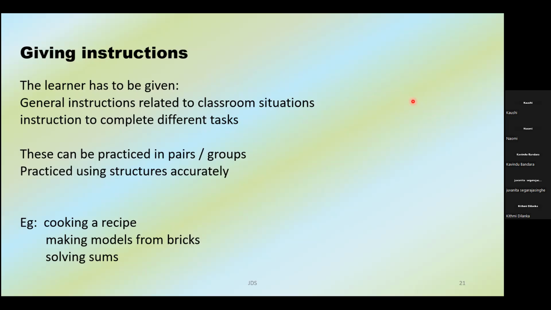Very simple instructions. Giving instructions and also following instructions. With the intermediate ones, you can have recipes, cooking a recipe, any kind of instruction, or making models. All these different situations can be utilized to give instruction.